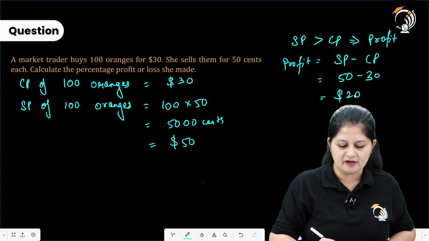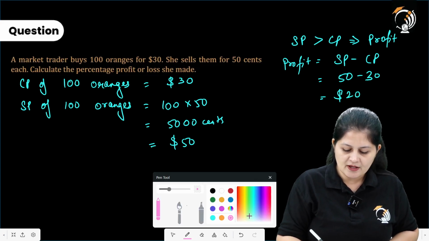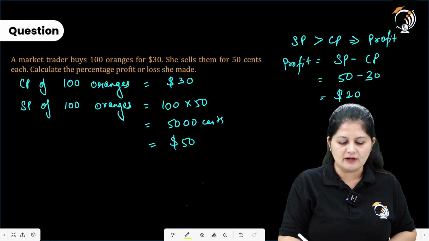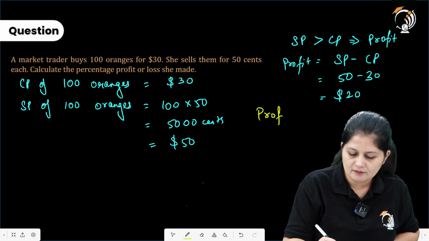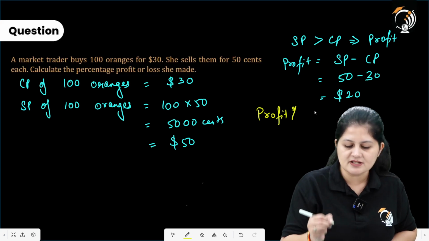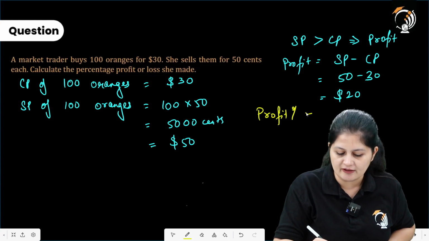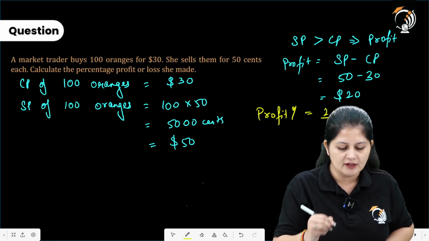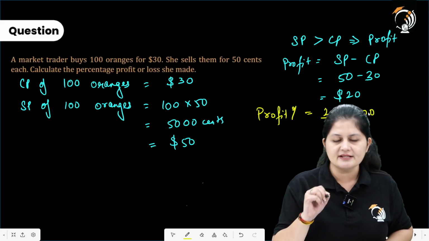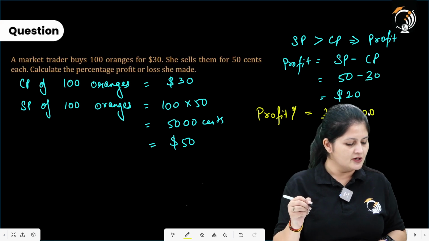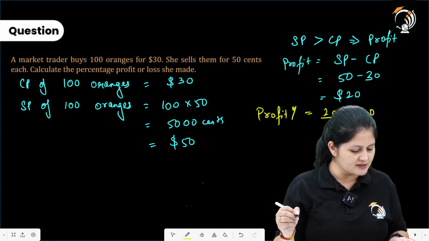Further, to find the profit percent, it would be the profit, which is $20, over the cost price, which is $30, multiplied by 100. That is the profit percent we are going to get here. So let's do this calculation. What are we getting here?